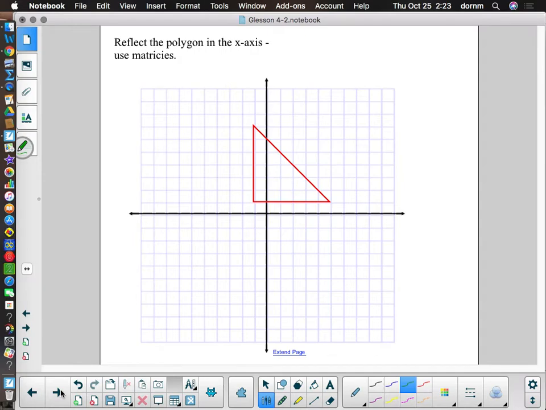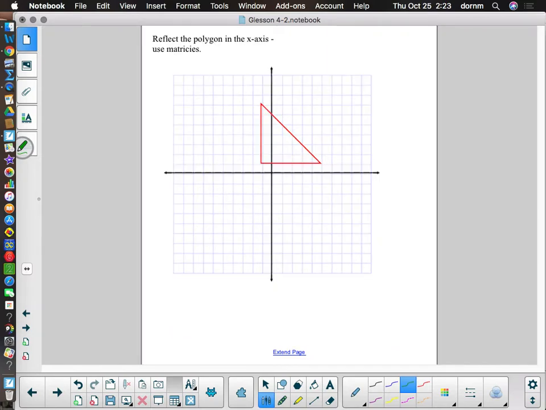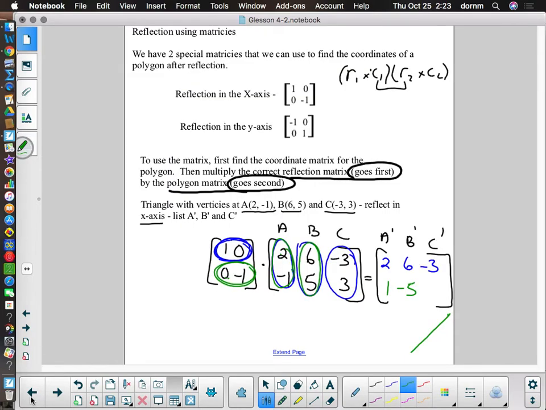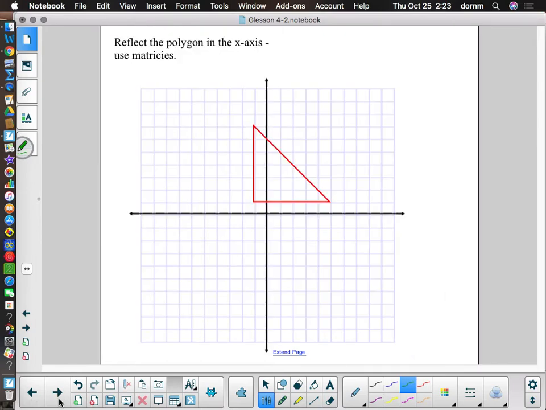Okay. How about reflecting this polygon in the x-axis using matrices? Now, again, usually if we're given the picture, we wouldn't bother with matrices. It's a lot more work. But in this case, I just want to do at least a little something here. Again, reflecting the x-axis, we're going to look it up. That's 1, 0, 0, negative 1.